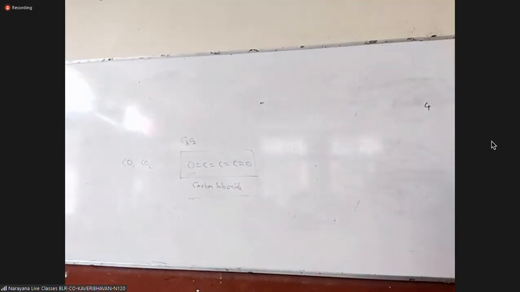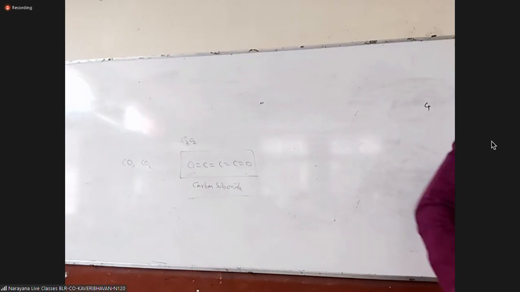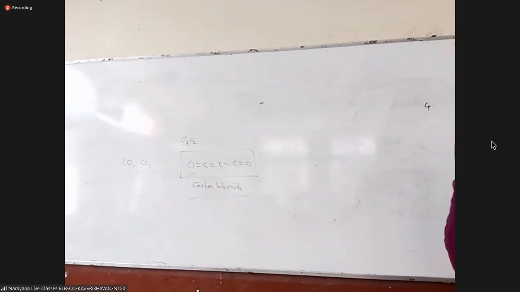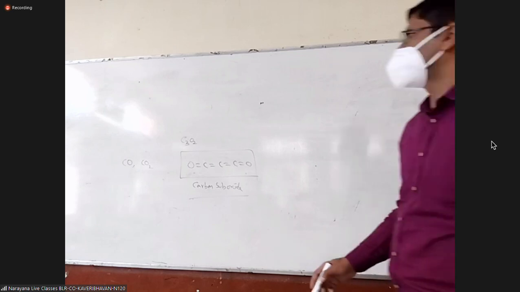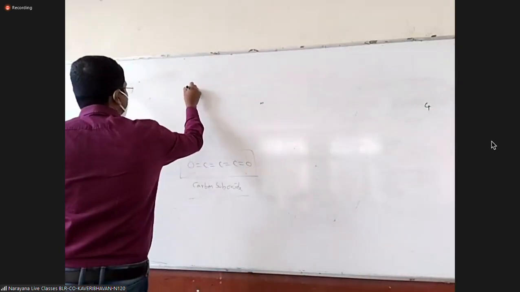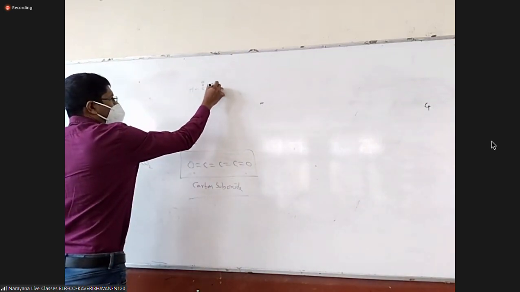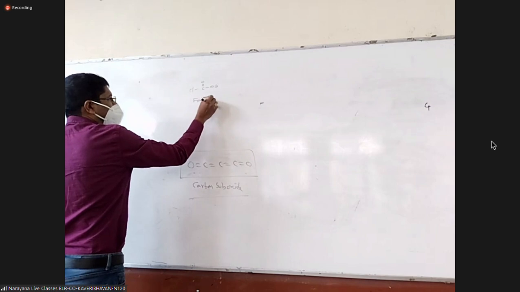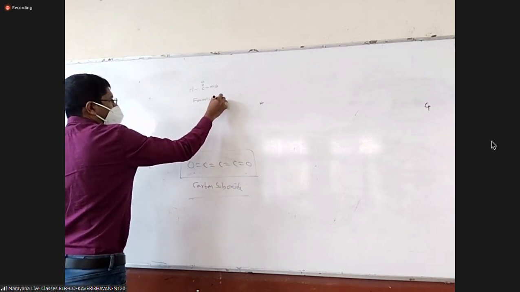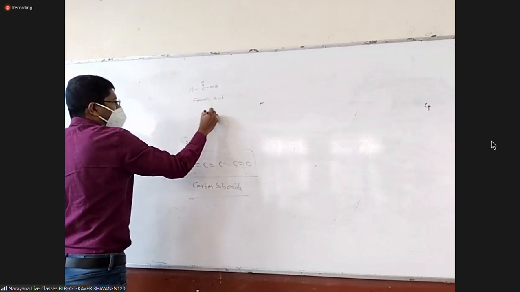On a small scale, pure carbon monoxide is prepared by the dehydration of formic acid. What is the formic acid formula? HCOOH, written as H-C double bond O with OH. In Latin, formic means red ant.